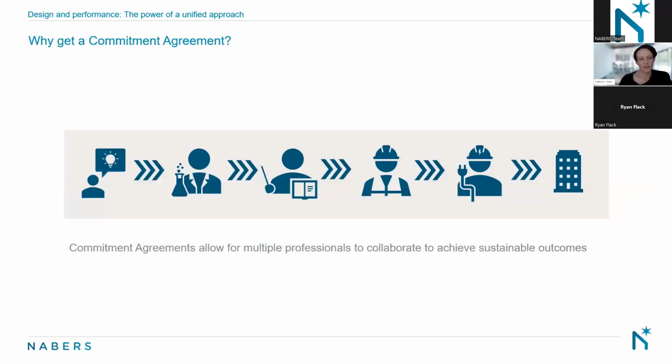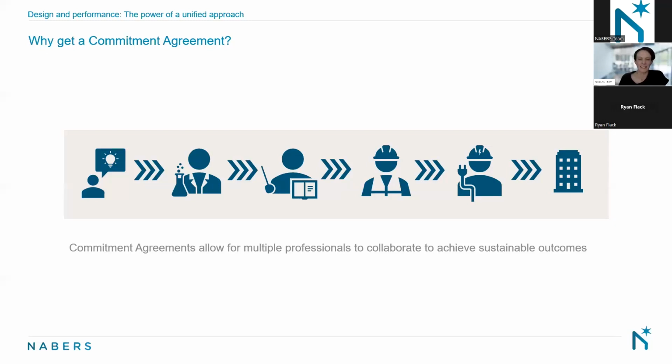So in terms of why get a commitment agreement, the key thing to me, I suppose, is that everyone here knows that there's a million pairs of hands a building will go through between being an idea in an architect's brain through to being a functioning building with a facilities manager. And essentially, sustainability and energy performance are just not key KPIs for everybody along that process.